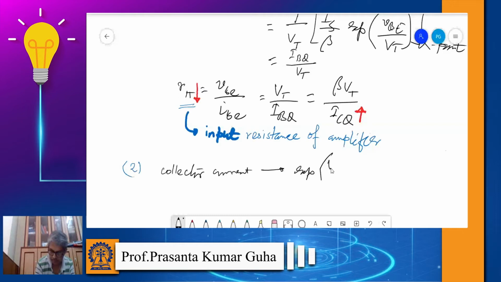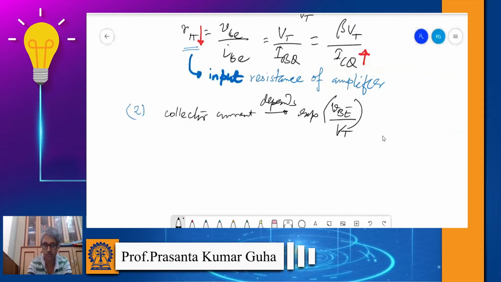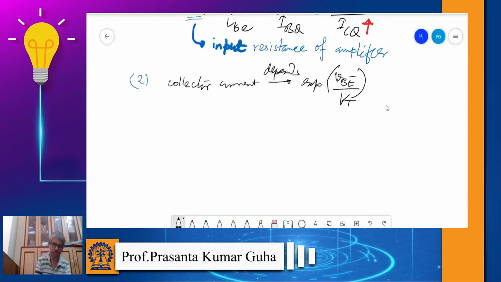So if we try to exploit that relation and find out the small signal model or small signal parameter between this VBE and the collector current IC, that can be written like this.